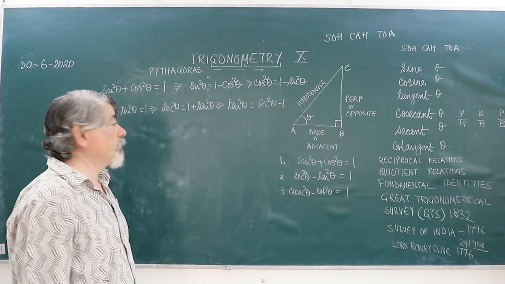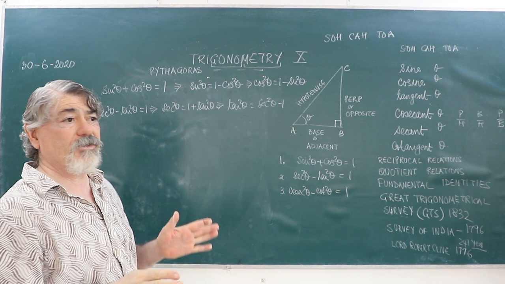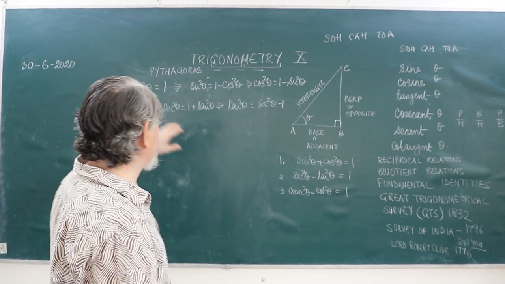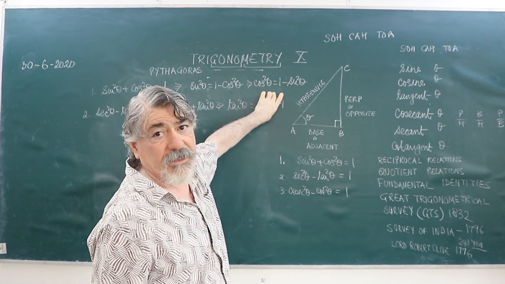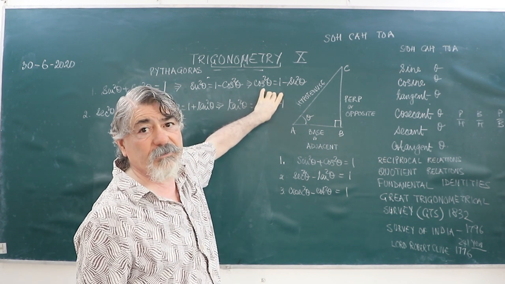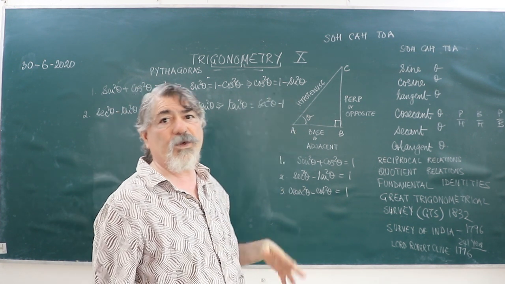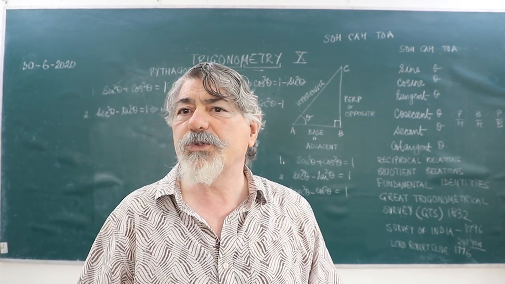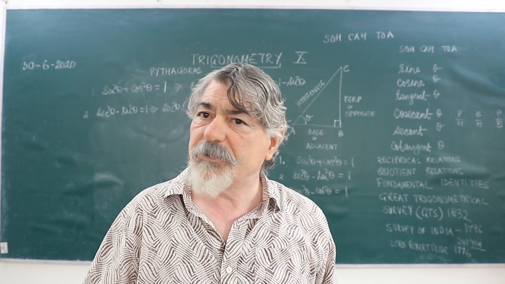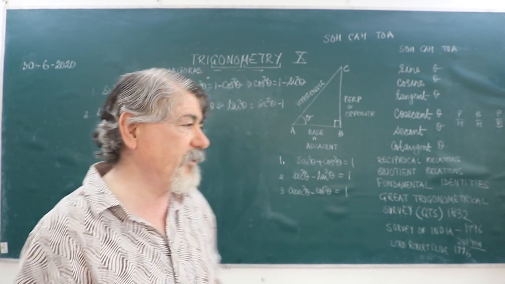So whatever you want, whether you want sec square theta in terms of tan square theta, or tan square theta in terms of sec square theta, depends upon what is the necessity of applying it to a question. It depends upon what we are looking for in the question.